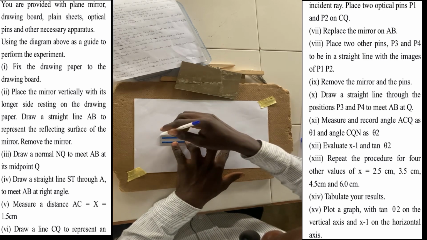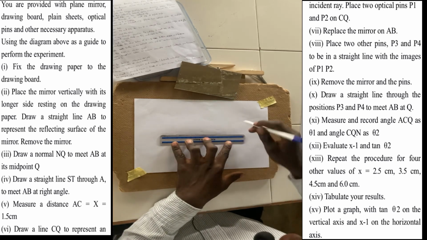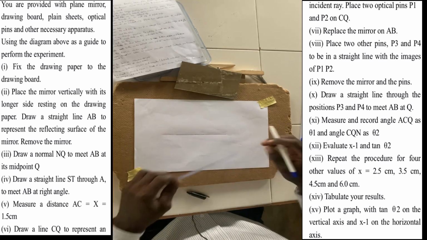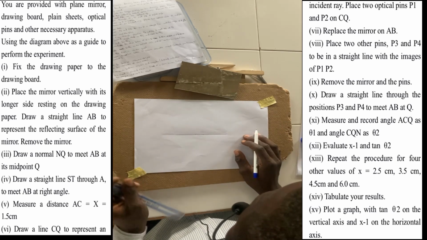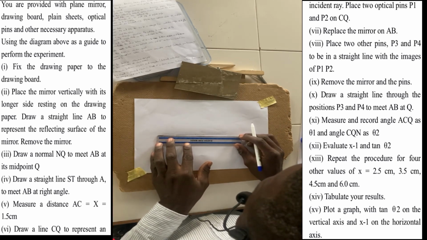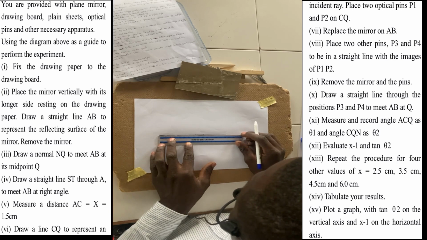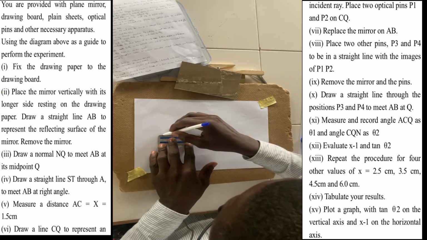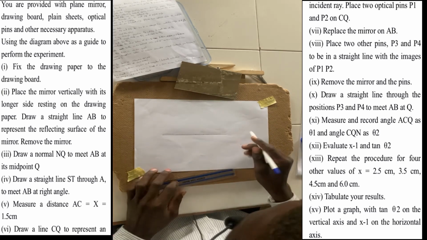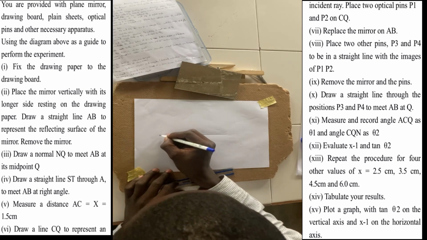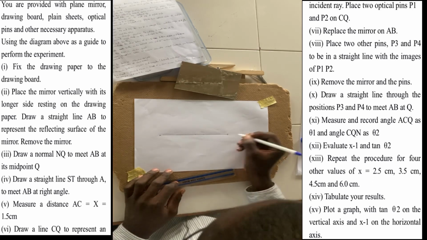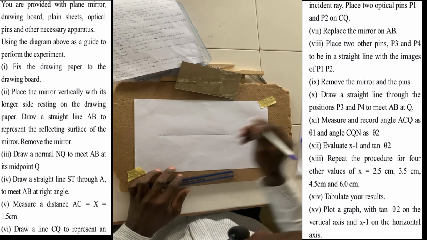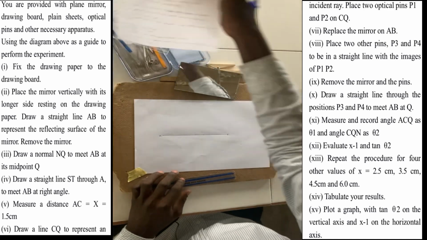I'm using the millimeter side of the ruler. So this is the length of the ruler, which is AB. So we have line AB, and now this is the middle point. Now let's continue with the next instruction.